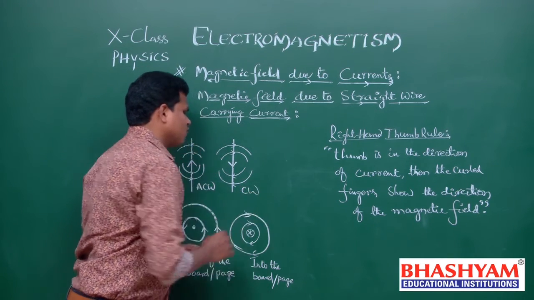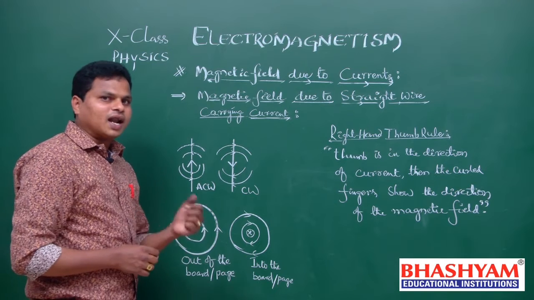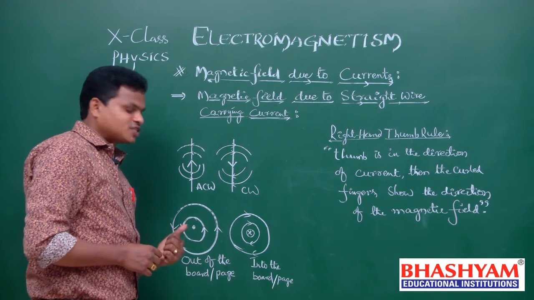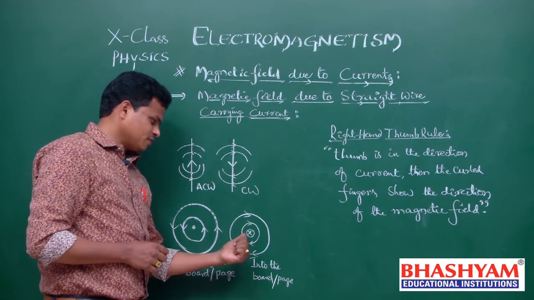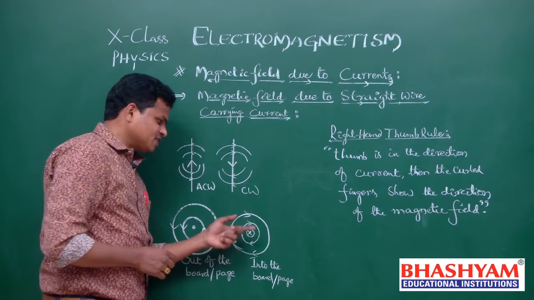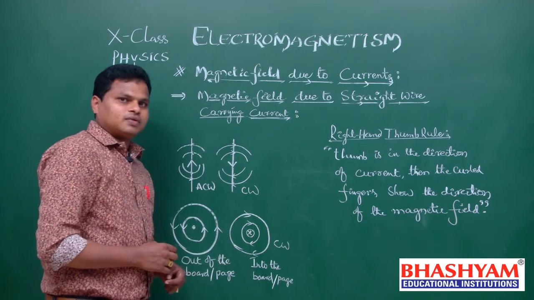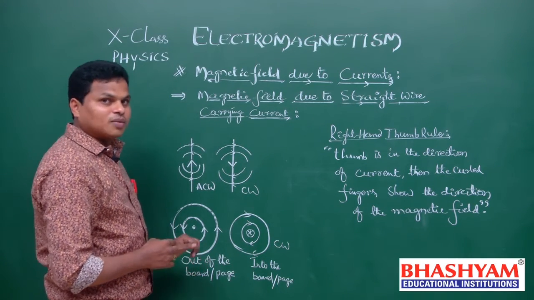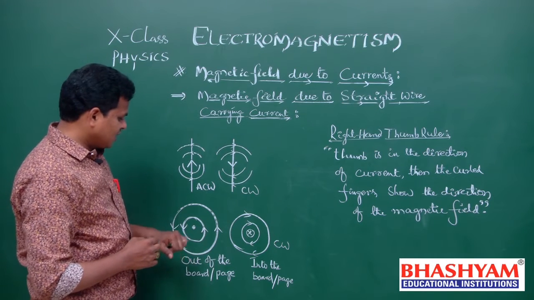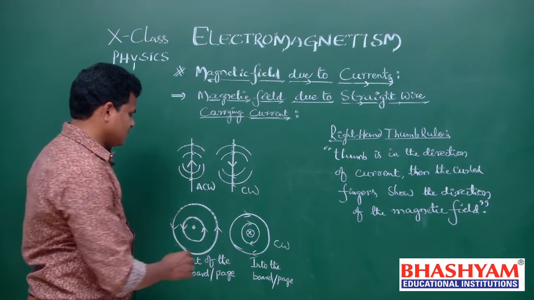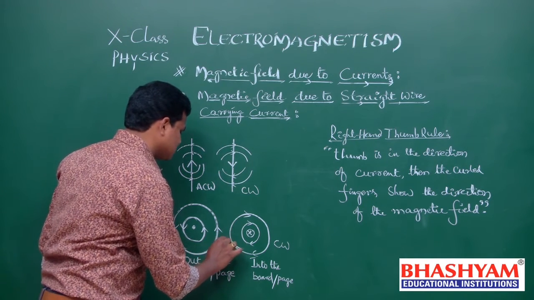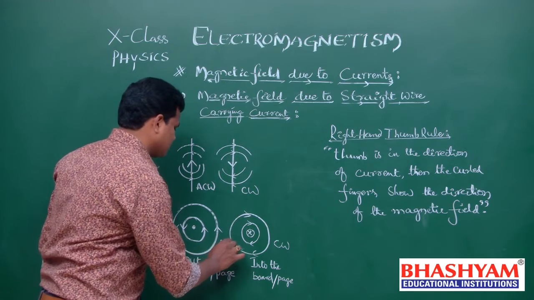When the current passes into the board, the direction of field lines is clockwise. When the current passes out of the page, the direction of field lines is anti-clockwise.